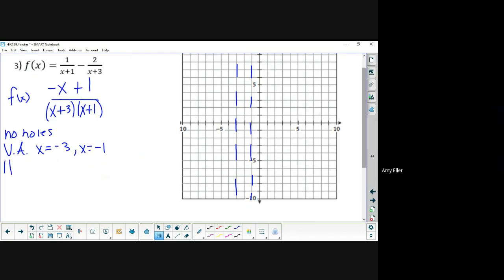Charlie, what do you think about horizontal asymptotes for this problem? 5 plus 0. Yes. The denominator is x squared. Numerator is x to the first. The bottom degree is bigger. So it equals 0.